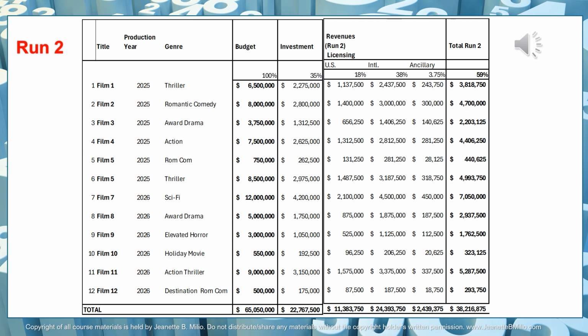And also an equity investment of $22,767,500. So that means we do have about 115% generated in the first run in connection to our budget.